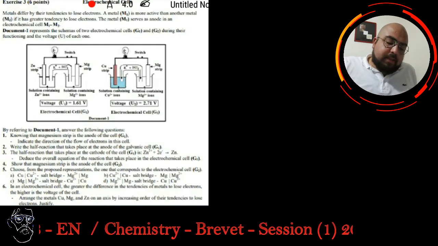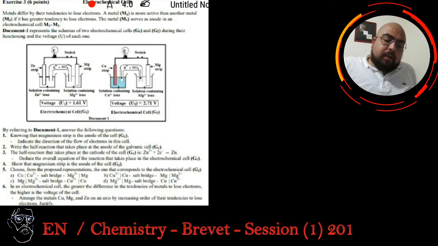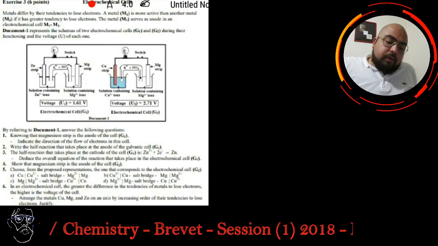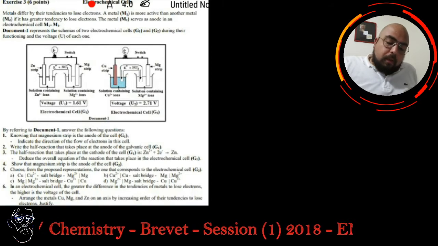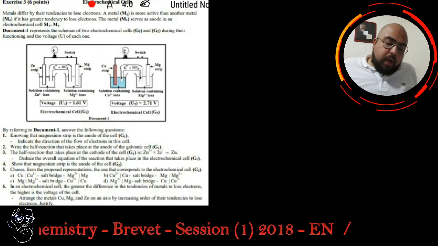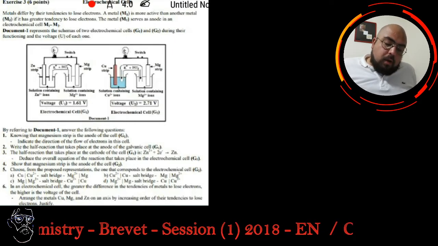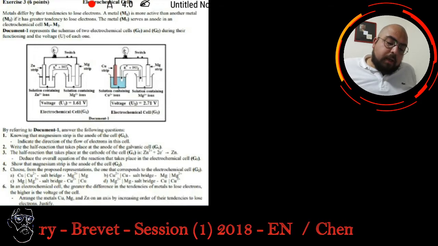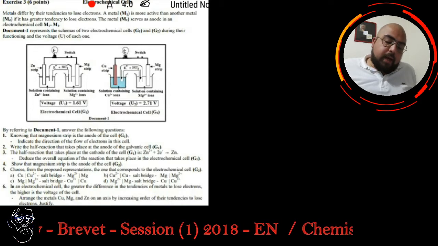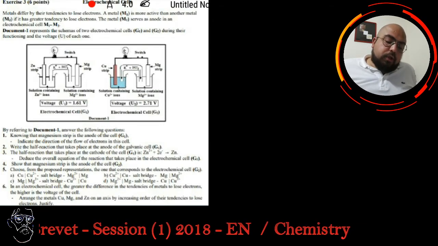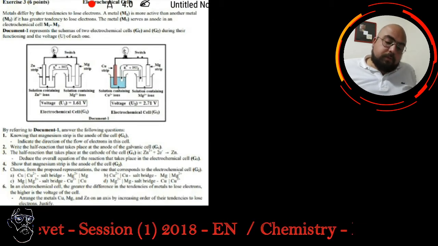Document 1 represents the schemas of two electrochemical cells G1 and G2 during their functioning and the voltage U of each one. So let's check document 1. The first cell G1 is formed by a zinc strip and a magnesium strip, and we have the voltage 1.61 volts.